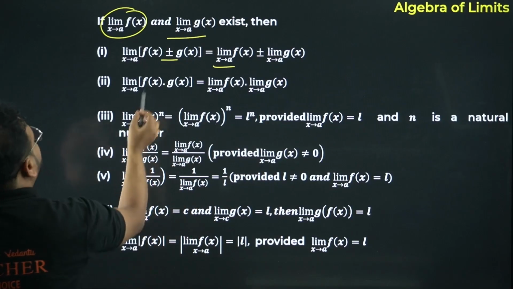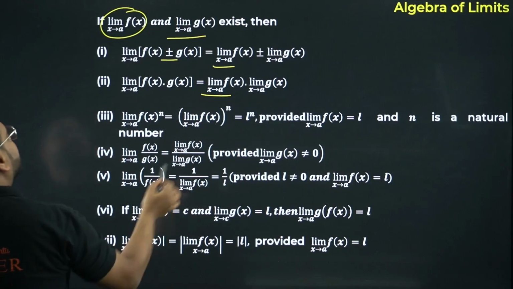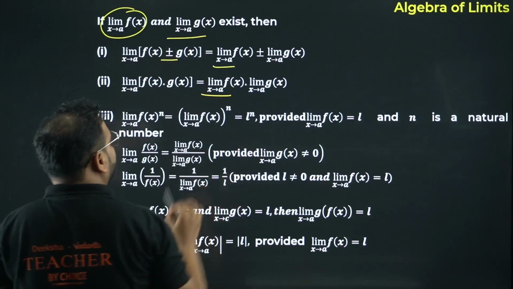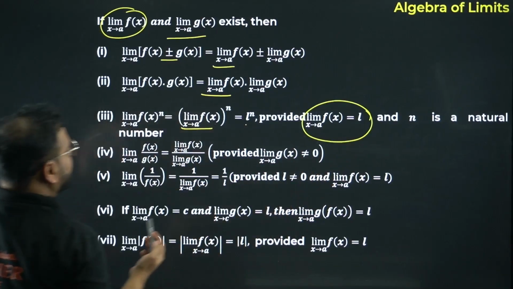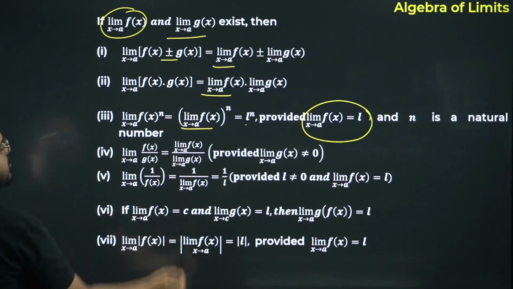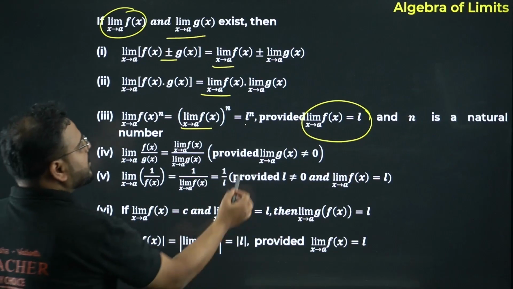Same goes here: you can multiply, first find the limit, then multiply. Over here, first find the limit, then you can take the power. If this part is taken as L, please check. Again, if you have the function in a quotient, you first take the limit, then you can take the quotient. Of course, the denominator has to be non-zero.